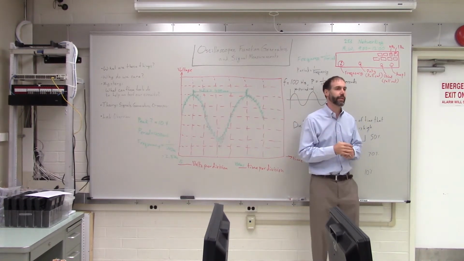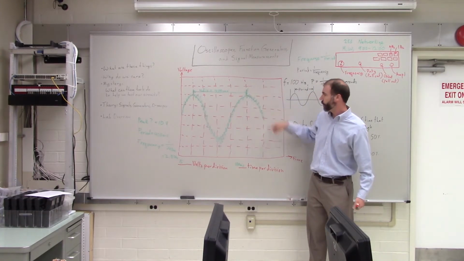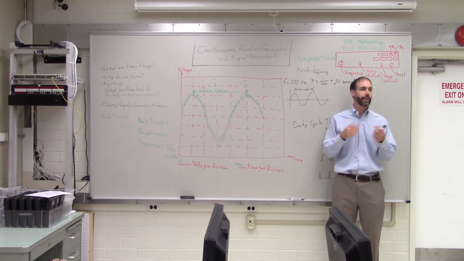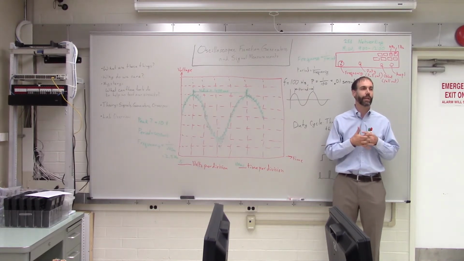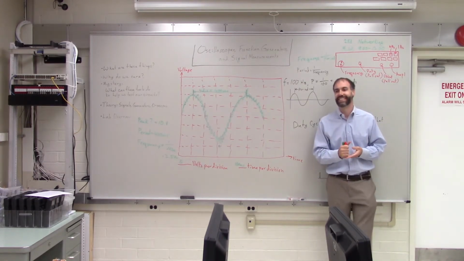It just depends on your signal. Sometimes that little tiny wave is the part that you actually care about, and so then you have to figure out how to measure that. It just depends. That's where your knowledge of the circuit and what's going on inside of it is really key. Yeah, because I had that happen.